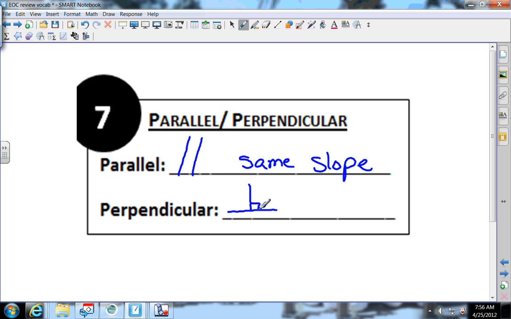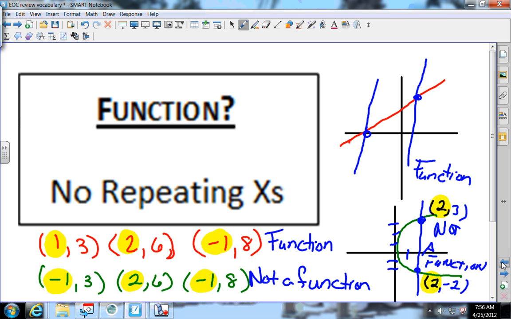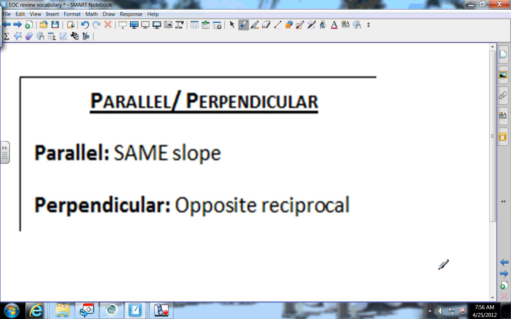90-degree angle. Okay, so let's look and see what officially they want us to write down here. Oh, there it is. Okay. Now, I want you to write right here. It says the same slope, and you may want to make a note right here that there's your parallel. I'm going to talk about what opposite reciprocal means in just a second.